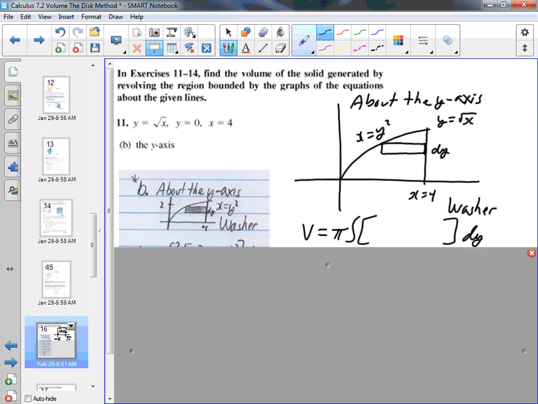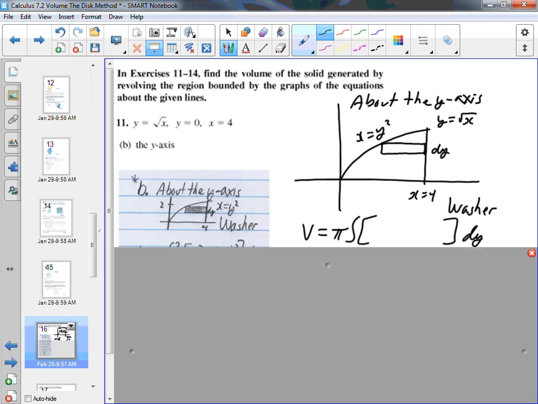So we've got to figure out what goes in there. And it's outer radius as a function of y, in this case, squared, minus inner radius as a function of y squared. Okay? And the reason it's just that in there is because, let me back up.